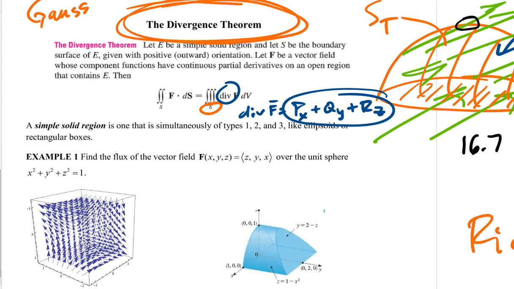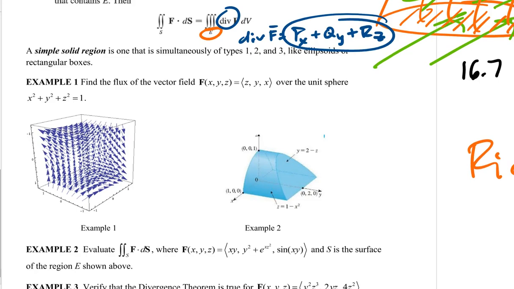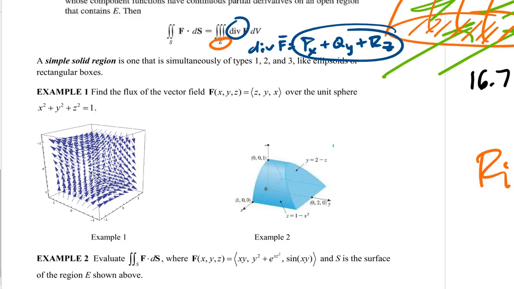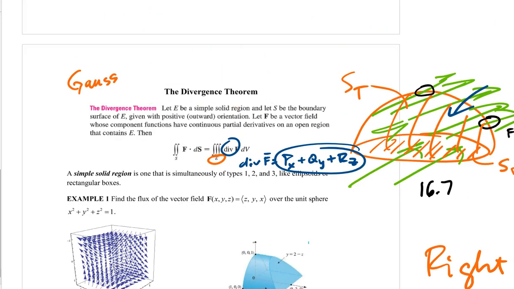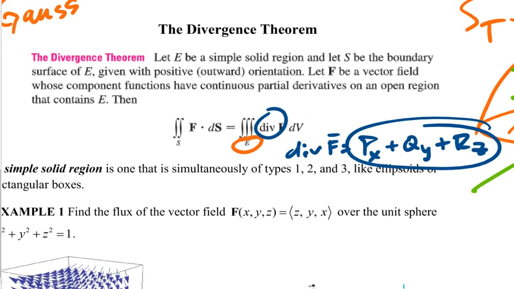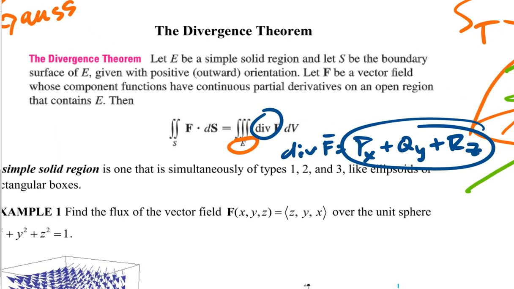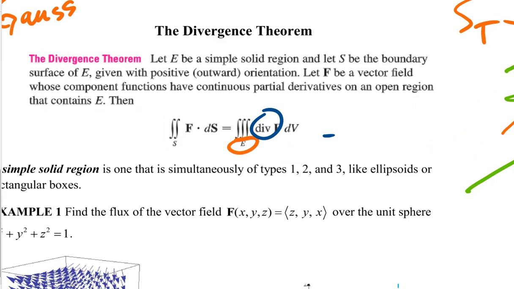All right. Okay, so here's a good example of what I'm talking about. Oh, well, let's look at the conditions. So E is a simple solid region. A simple solid region is one that can be described very simply using x, y, and z.